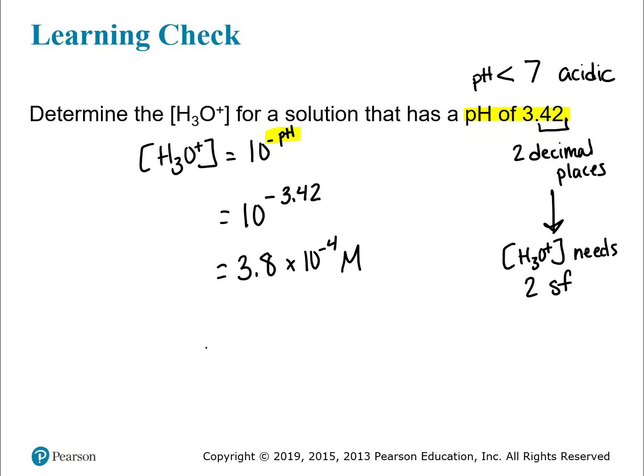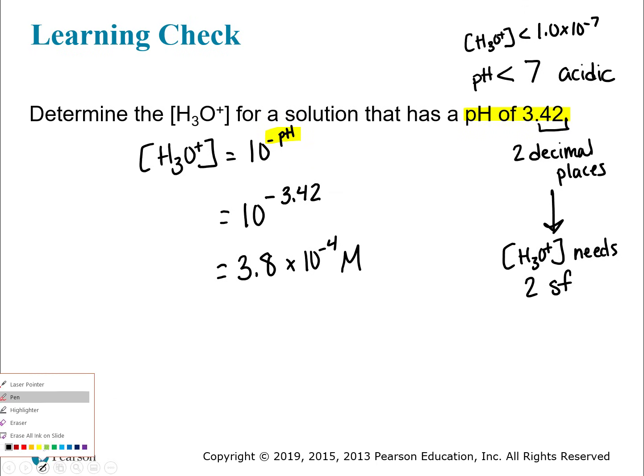Well, we know that for something acidic, the hydronium concentration should be greater than 1.0 times 10 to the minus 7 molar because it's acidic. So we increase the hydronium and decrease the hydroxide. Okay. So that's the way that you can check your work and make sure that your answer makes sense.